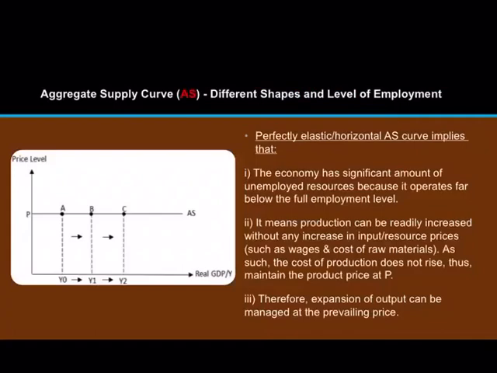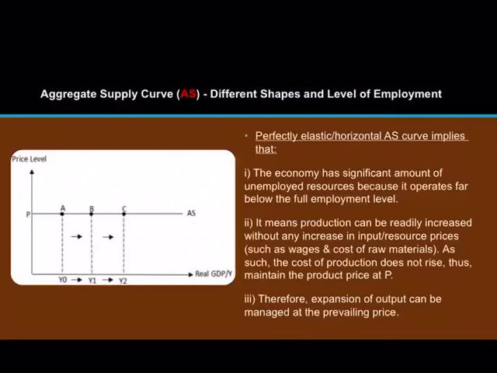Full employment means the AS must be vertical. We don't have the vertical here. This is only one segment of the entire AS curve. It means production can be easily increased without any increase in the input. Without any increase in the input means the economic resources are constant.